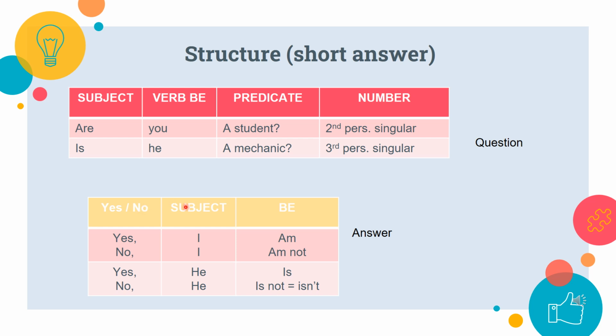Then we need the subject and the verb be. So, yes, I am, or no, I am not. Yes, she is. No, she's not, or she isn't. He isn't is the contraction form of he is not.